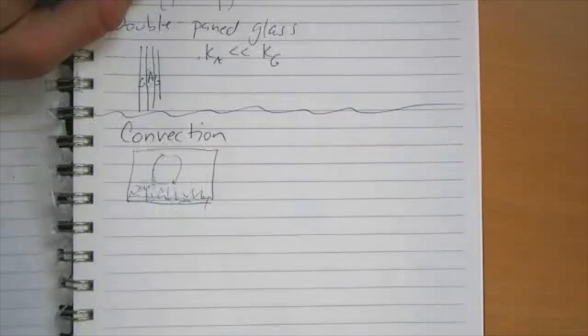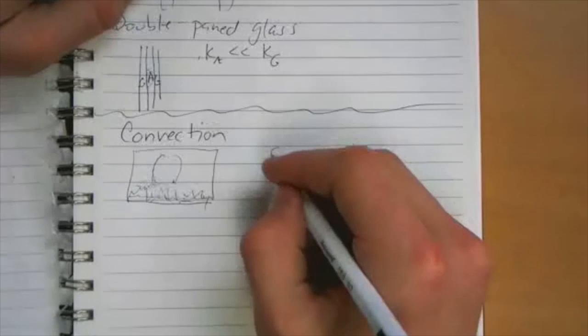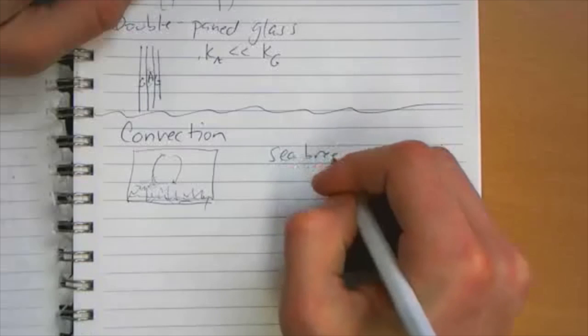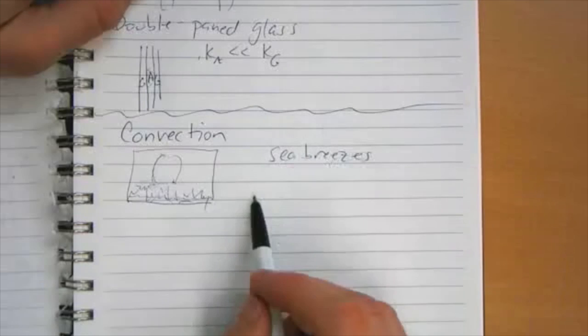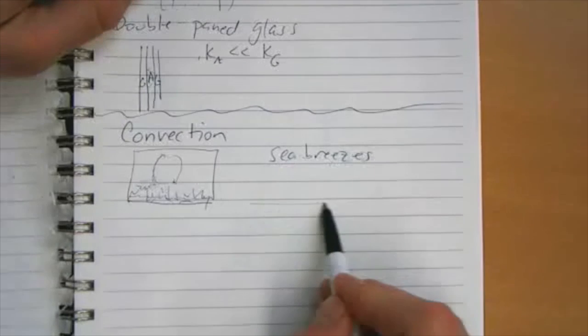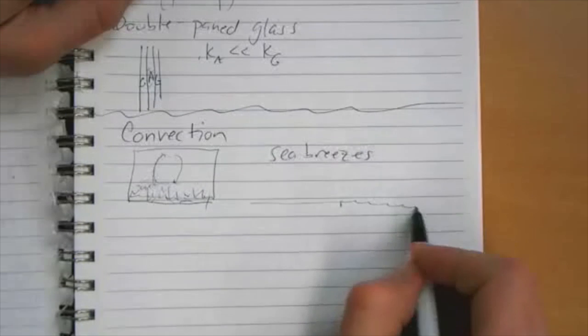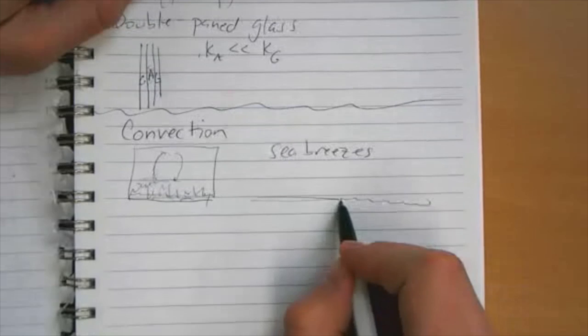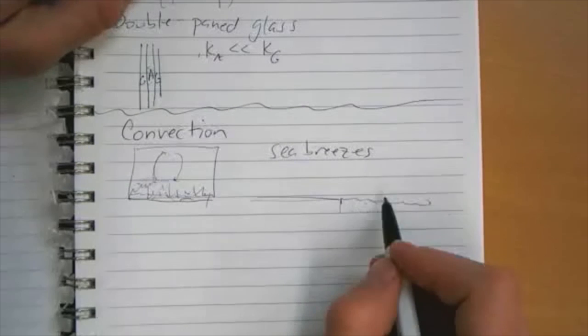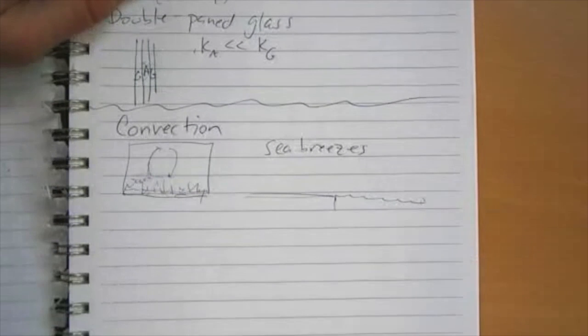One practical result of convection comes in with sea breezes. So if you're on the edge of the land, so here's say your land, and then there's water over here. When you're on a coast of a big lake or an ocean, this water, I mentioned before, has a high specific heat.